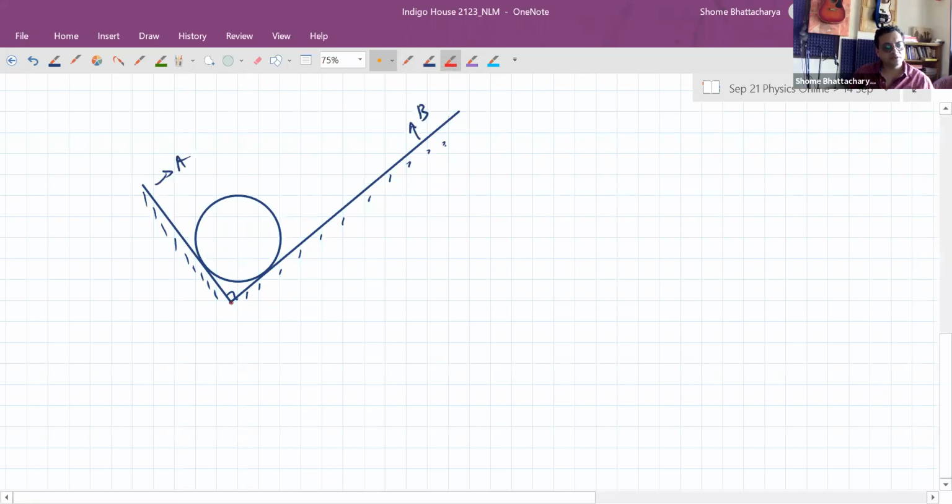And with respect to the horizontal, this one is at an angle of 37 degrees.